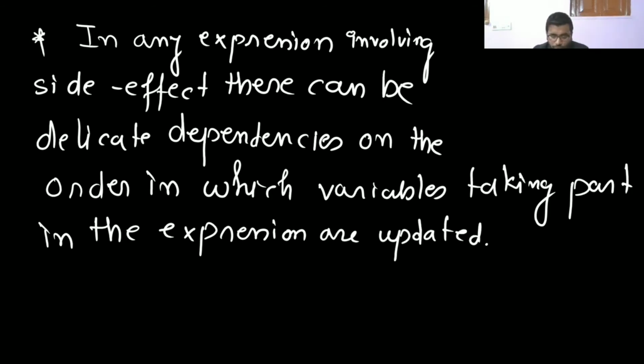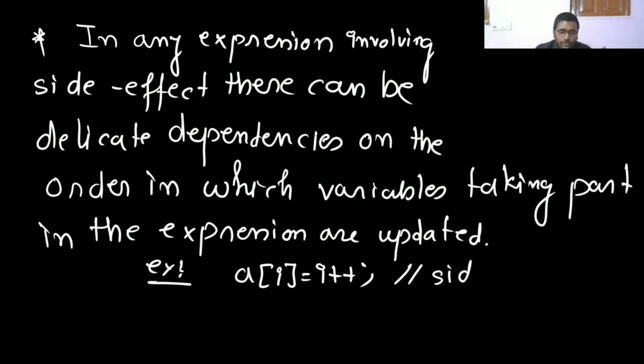One more example you can say, like here is also ambiguity, means side effect, a[i] = i++. So whether it will use the previous i in the assignment or after increment it will do, we don't know. So it depends upon the compiler side effect.